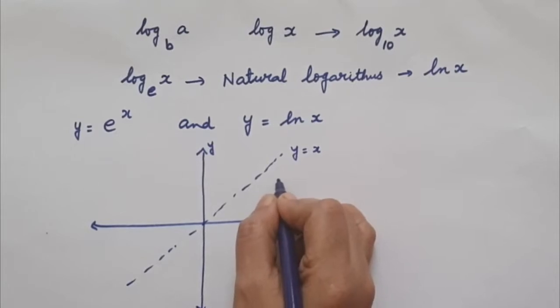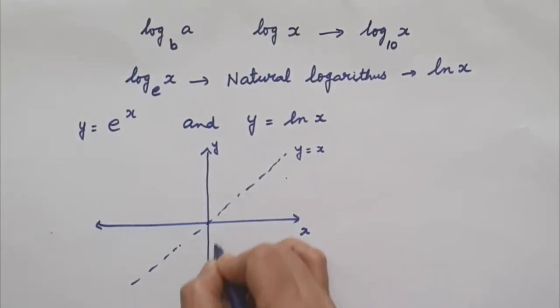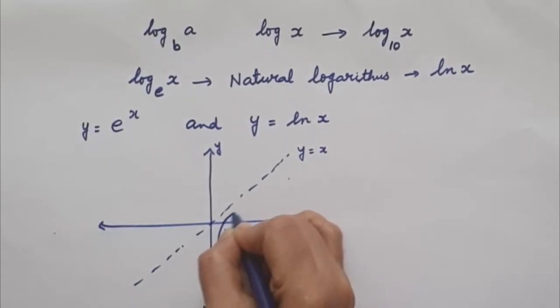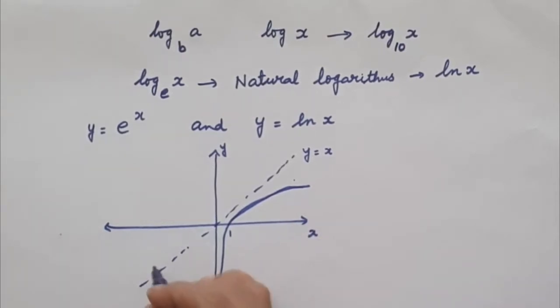So when we draw the graph for y equal to ln x, the graph is like this. It passes through 1 over here. It's just a curve.